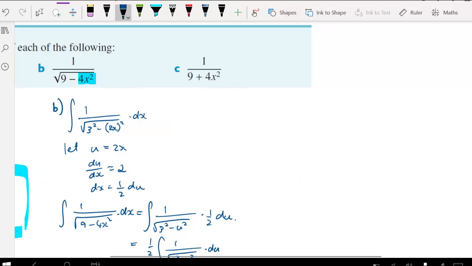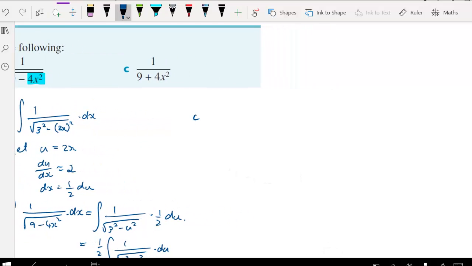When we look at part C, we've got the integral of 1 over 9 plus 4x squared dx. We can say this is equal to 1 over 3 squared plus 2x squared with respect to x.